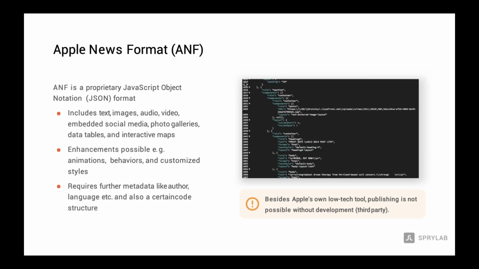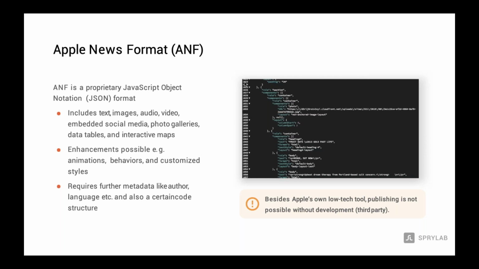That means text, images, audio, video, embedded social media, photo or picture galleries, mosaics, swipers, data tables, interactive maps. So all these components exist and can be used during the creation, during the workflow. Very nice. Then you have different enhancement possibilities, which are also reflected in the ANF format, like animations and custom styles.